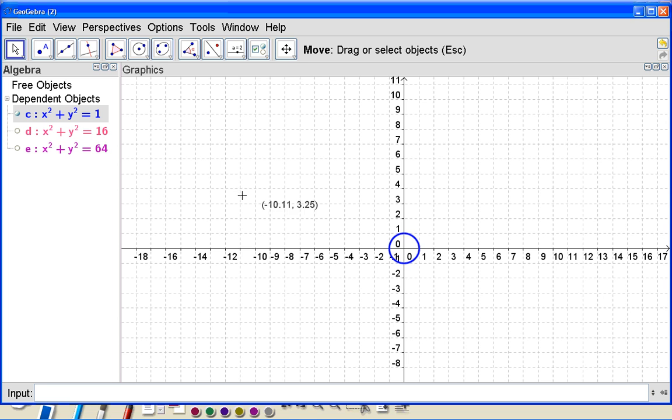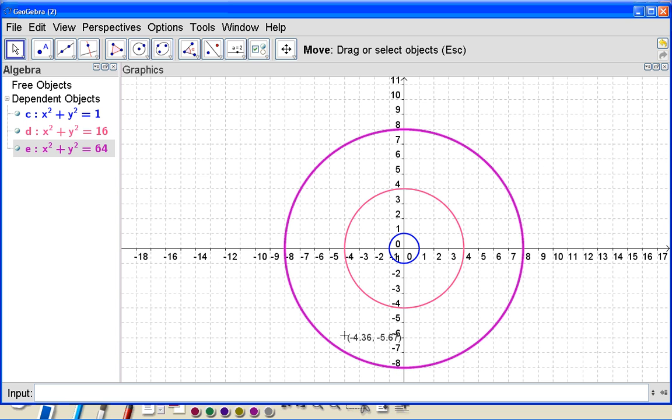Or we can have the radius equal to 4, then our solution produces this circle, or we can have radius equal to 8, then our solution is the circle here. So the circles are the solution to our equation.